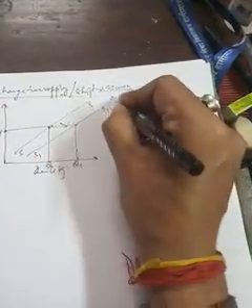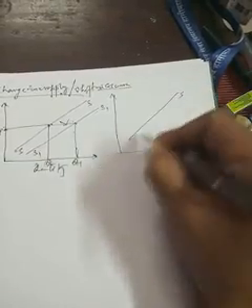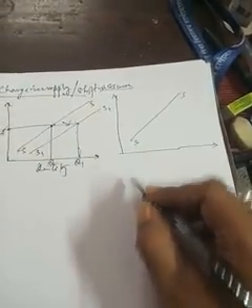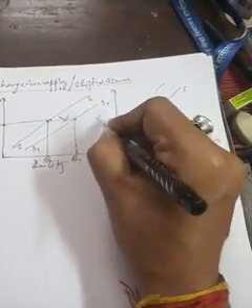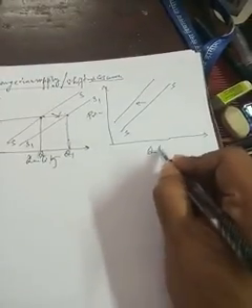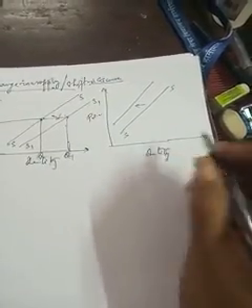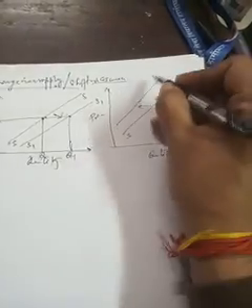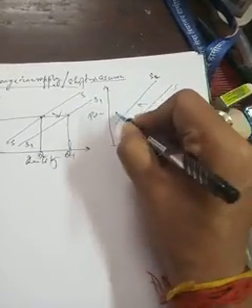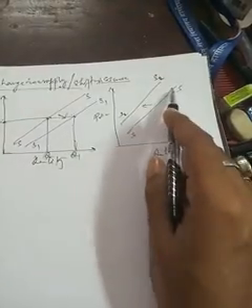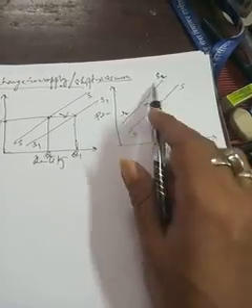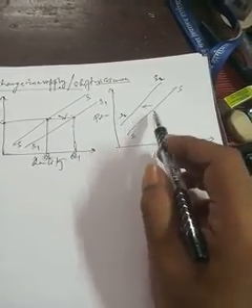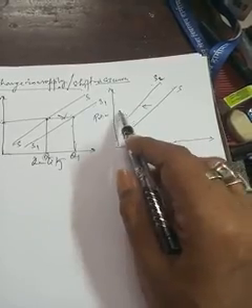And when your supply curve shifts leftward, suppose earlier the supply curve is SS, now when it shifts to the left side it becomes S2 S2. So when the supply curve shifts leftward, supply decreases.